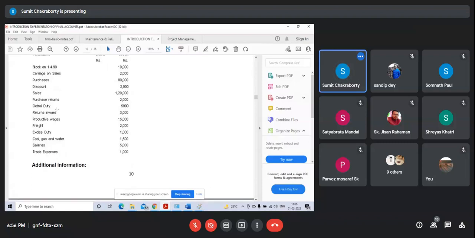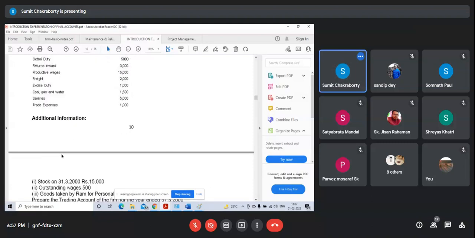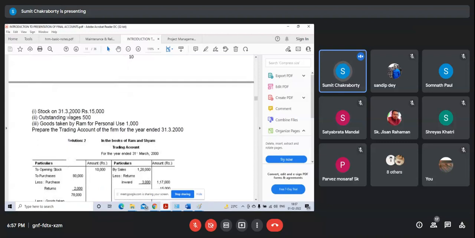Sales, purchase returns, octroi duty, returns inward. Returns inward means sales return. Productive wages, freight charges, excise duty, coal, gas, water, salaries. Salaries will be included, trade expenses will not be included. Stock as on 31st March 2000 is closing stock, 15,000, outstanding wages 5,000.